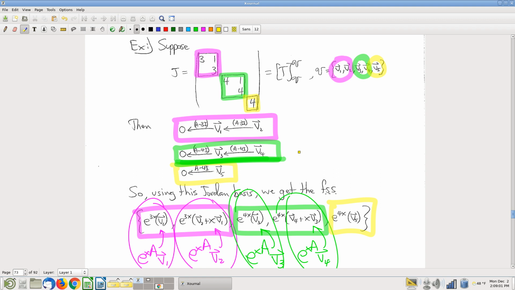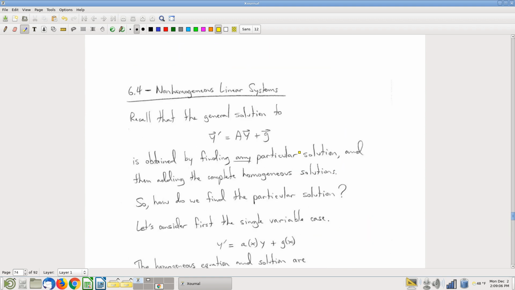Okay. So, following the pattern, let's think back to Chapter 4. What did we do in Chapter 4? We spent one section talking about theorems and setup and strategy. Then we had some discussion about how you solve homogeneous equations.